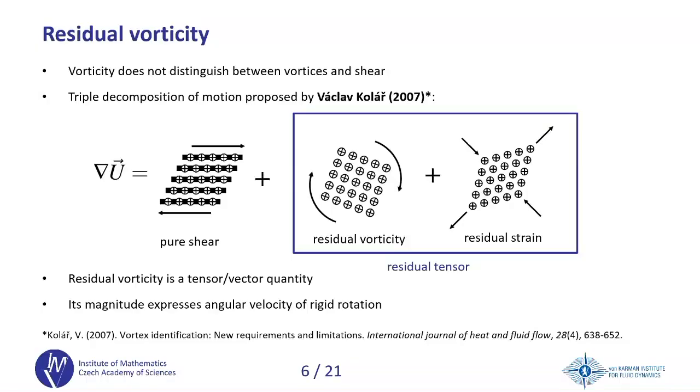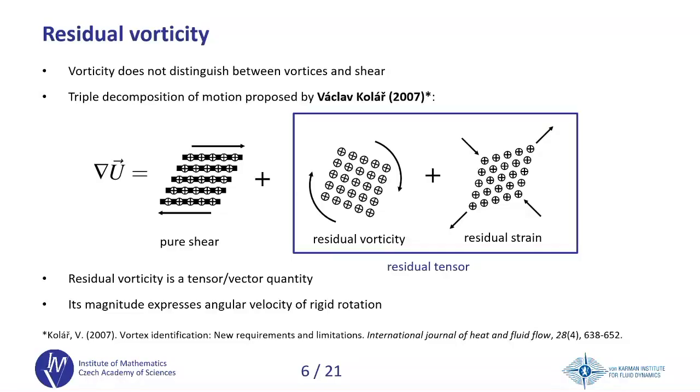He would define a tensor that would represent the shear in the flow, and the residual tensor obtained by subtracting this pure shear tensor from velocity gradient. This residual tensor would then be decomposed into residual vorticity and residual strain. And this residual vorticity could then be used for the identification of vortices without this spurious shear component.